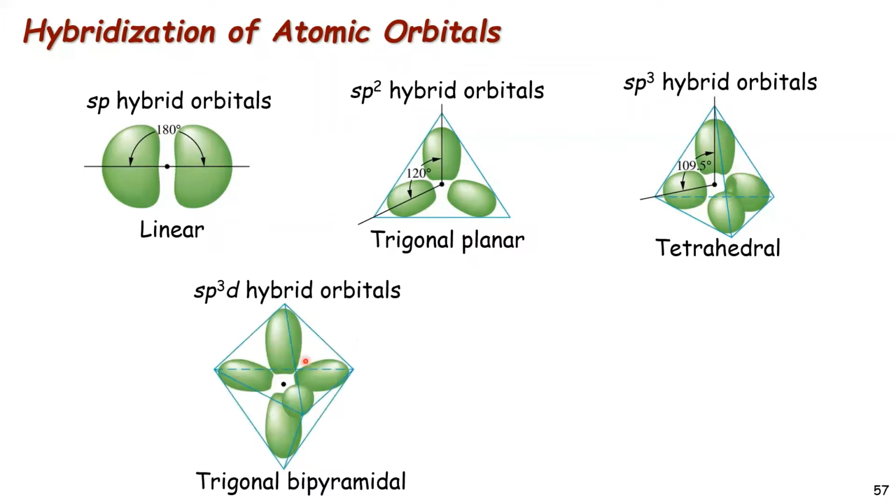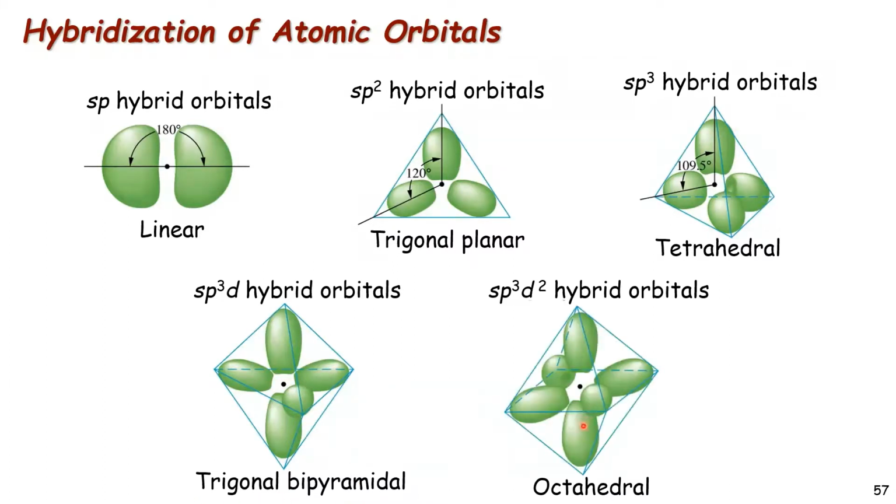And if we have 1, 2, 3, 4, 5, again, we're going to need the s, all 3 p, and 1 d to give us our 5 sp3d hybrid orbitals. And again, they'll be trigonal bipyramidal. And then finally, if there's 6 regions of electron density, we're going to have to use the 1 s, all 3 p, and 2 of the d's to form our 6 sp3d2 hybrid orbitals.